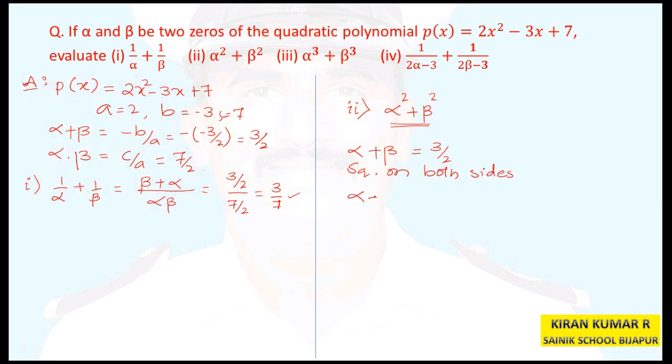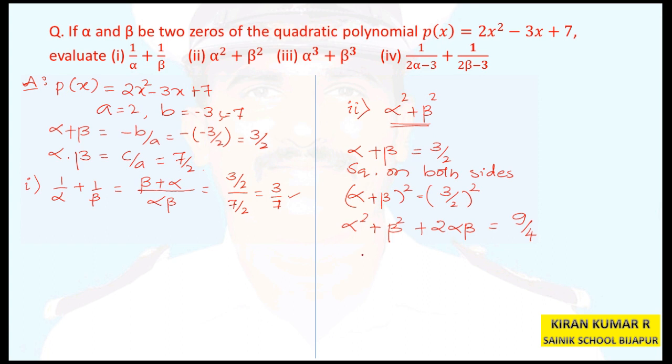We get alpha plus beta whole square equal to 3 by 2 whole square. Square this, use the identity a plus b whole square, which is a square, nothing but alpha square, plus b square, nothing but beta square, plus 2 times alpha beta, the 2ab term, which is equal to 9 upon 4.